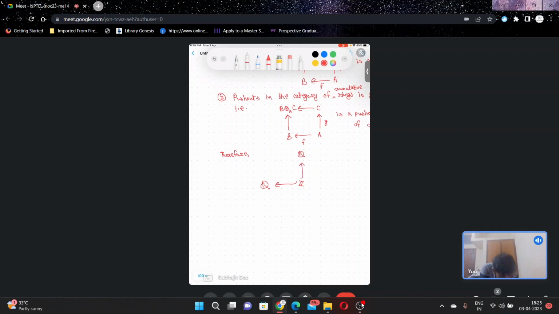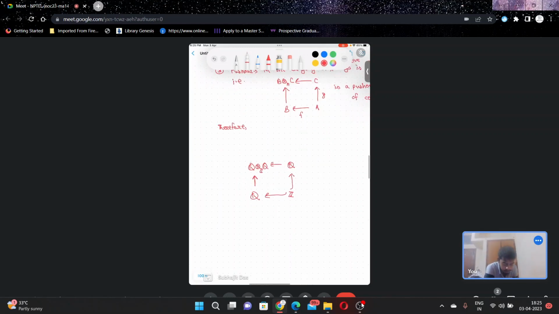So the pushout will be, as you know, Q tensored over Z with Q. But since this is an epimorphism, everything is happening in the category of rings, right?